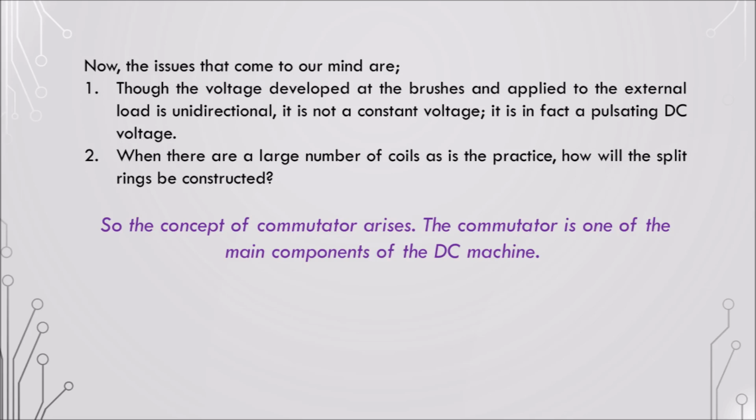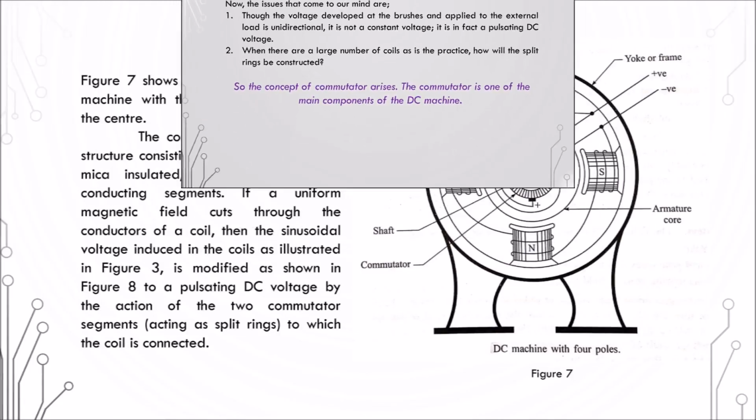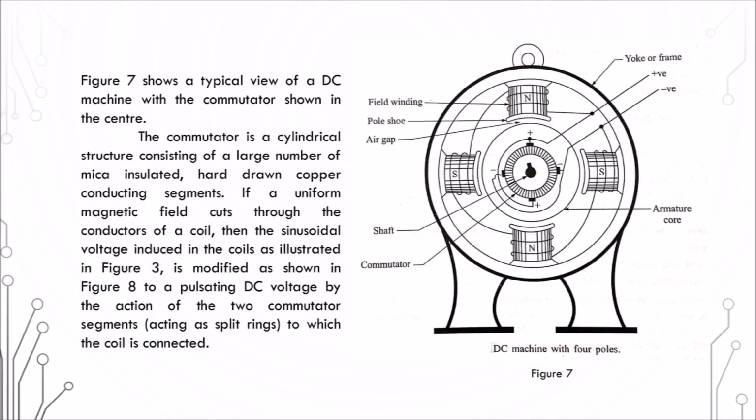The commutator is one of the main components of the DC machine. Figure 7 shows a typical view of a DC machine with the commutator shown in the center. The commutator is a cylindrical structure consisting of a large number of mica insulated hard drawn copper conducting segments.